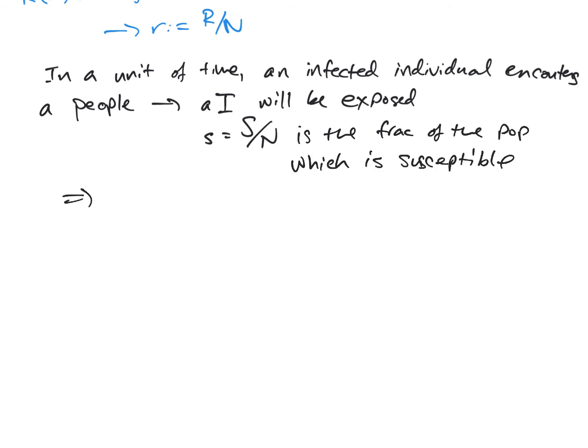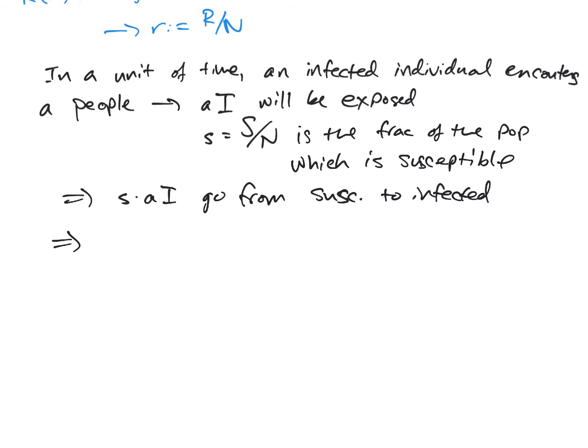So what that means is that in a unit of time, s times A times I go from susceptible to infected.